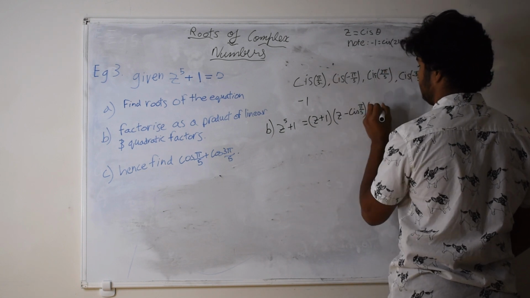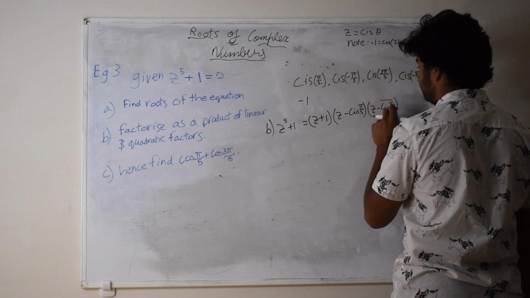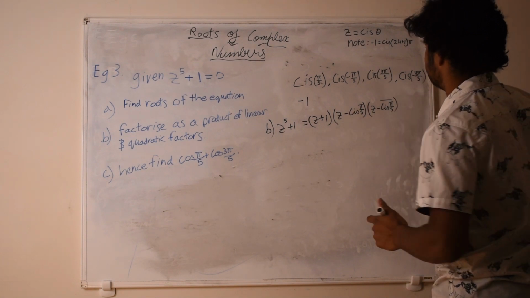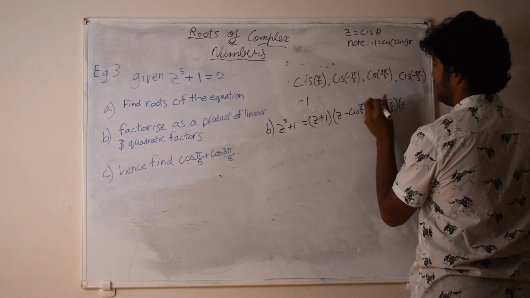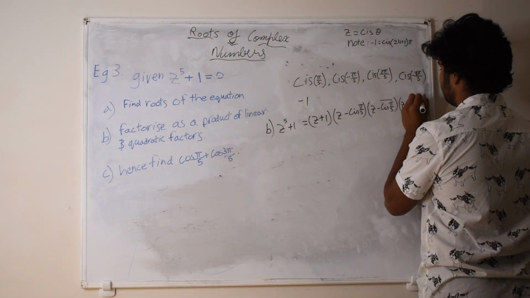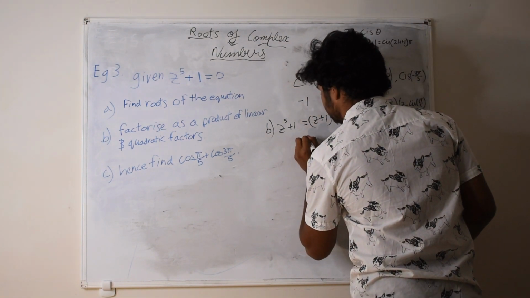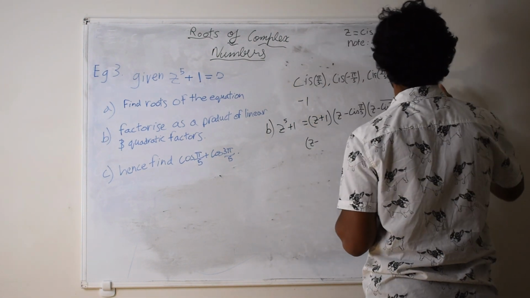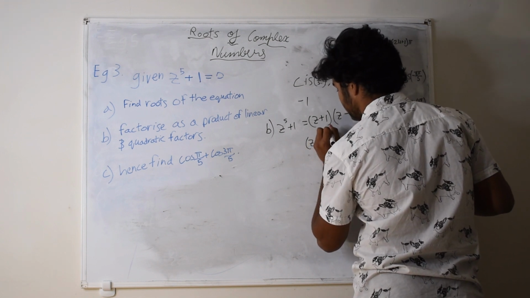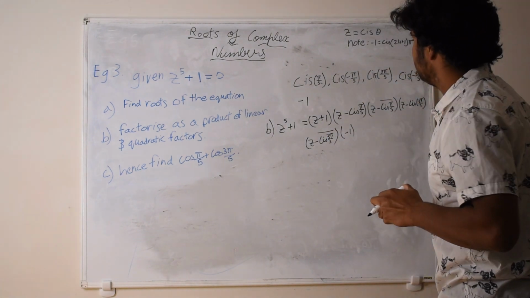Z minus cis pi on 5, little bar at the top, just so we know that's the conjugate of this. Same thing, z minus cis 3 pi on 5, and z minus cis 3 pi on 5 with a little bar at top, and then negative 1 right here.